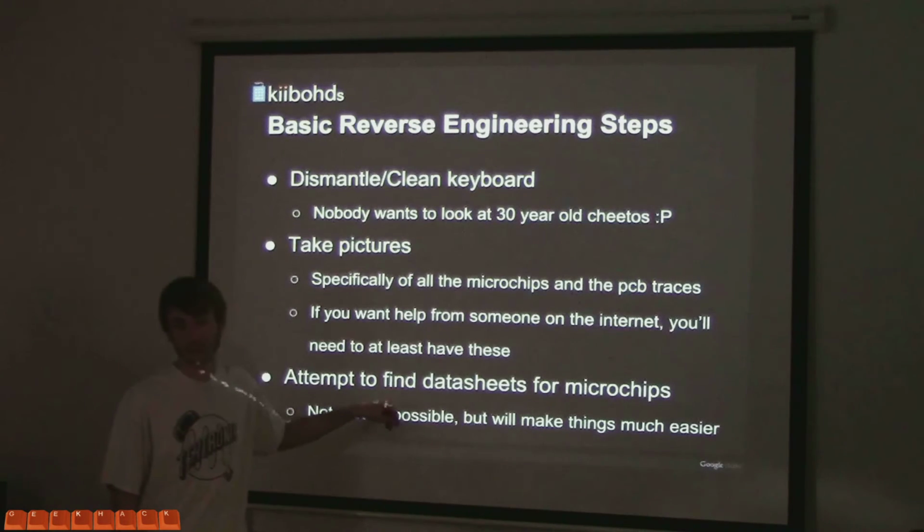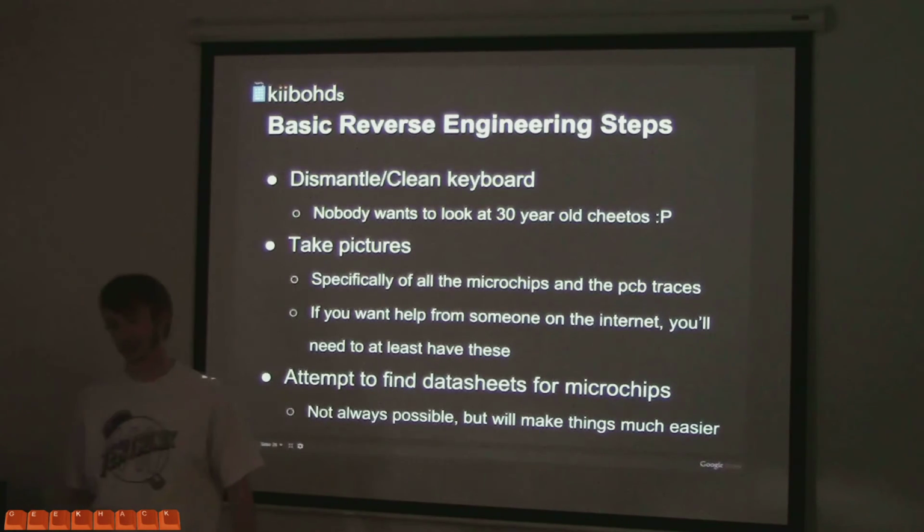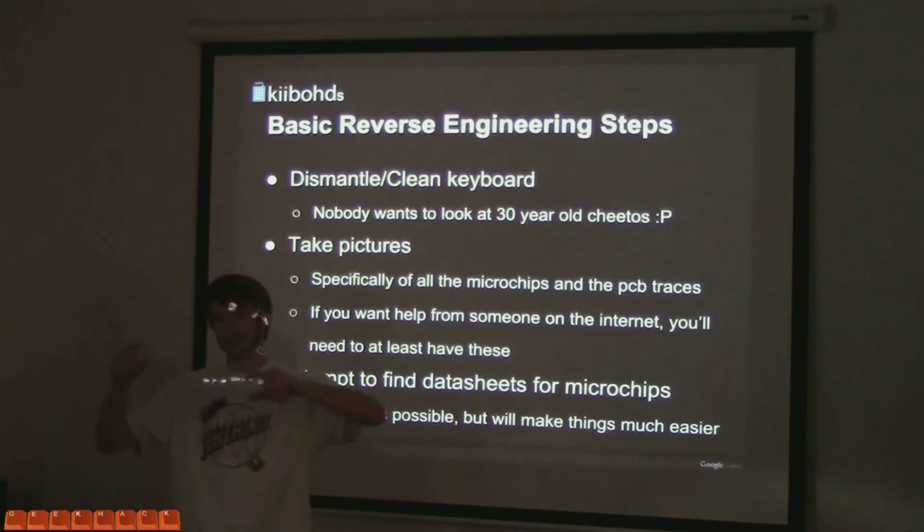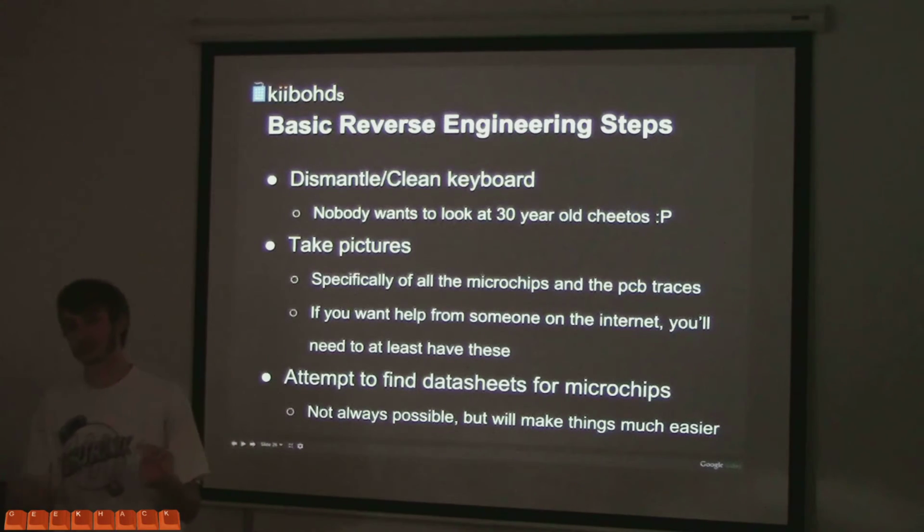IBM is notoriously bad because they custom order microchips with their own part numbers, so they don't map to what they actually are. So you can never look up the data sheets for these things. You have to guess. And then they also make their own custom microchips. Those are worse. But most of the IBM things are taken care of because people really want to use those, so you don't have to deal with those.